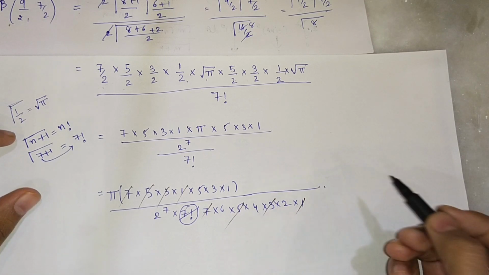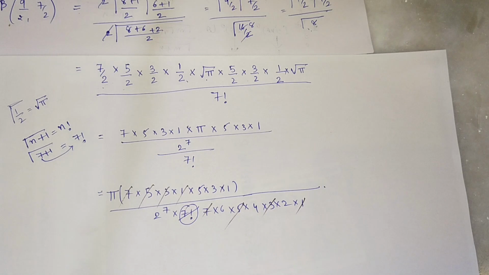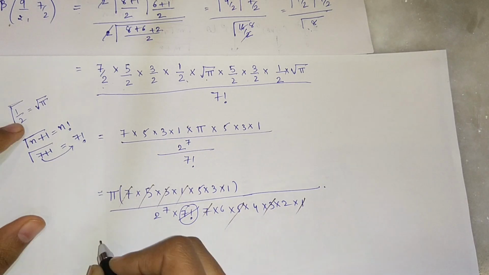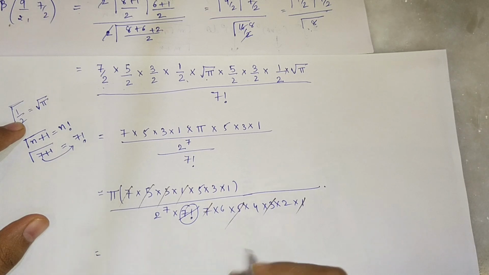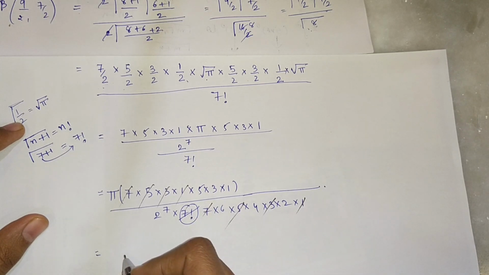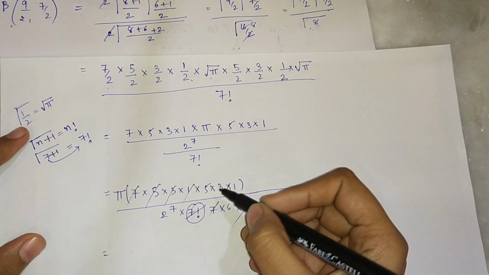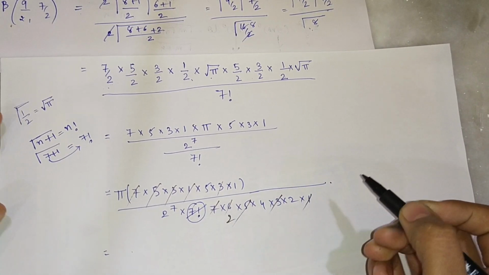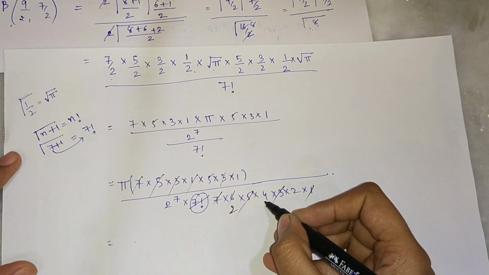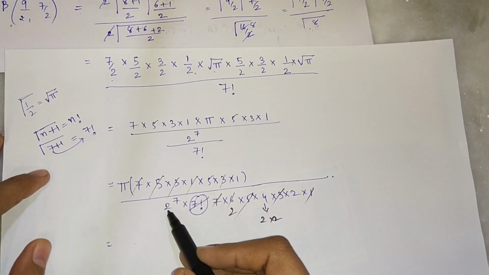Again, what will remain? This 3 will be cancelled out with this, so we will get 2 here. And we can write this 4 as 2 into 2, so we will get 2 raised to 7.